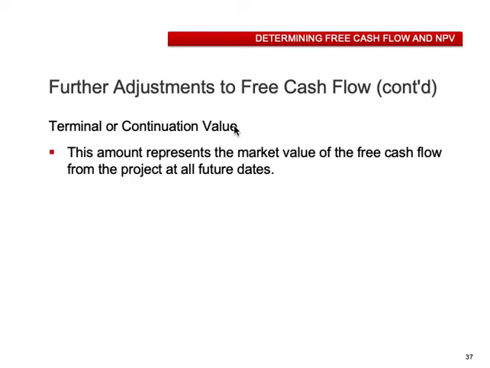Now, in some cases, we can see that the underlying asset is going to produce a cash flow until infinity. So in other words, the underlying cash flow does not cease to exist. In the next example, which we are going to discuss on the next slide, we are going to have a little bit more detail about how to exactly measure the terminal or continuation value.